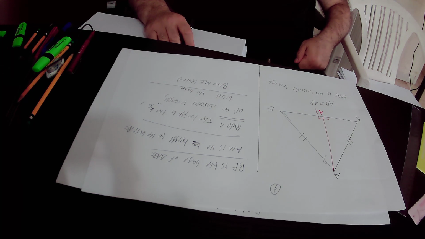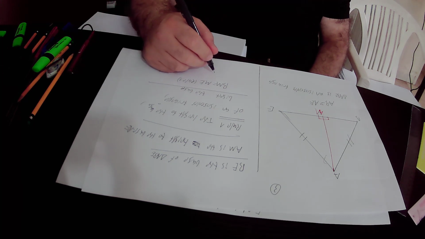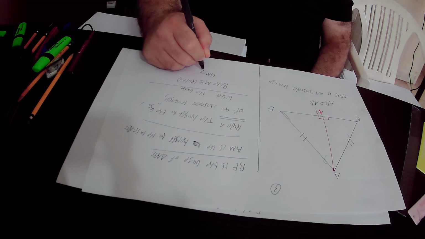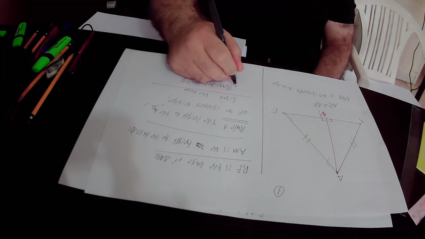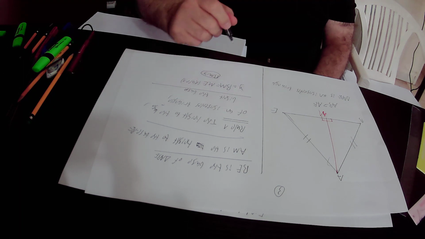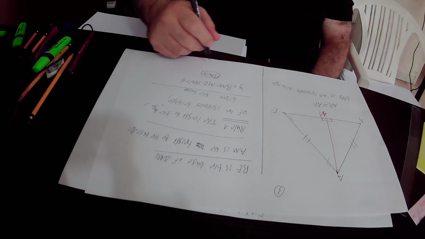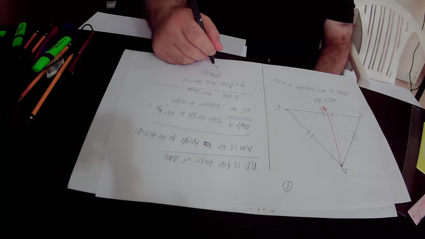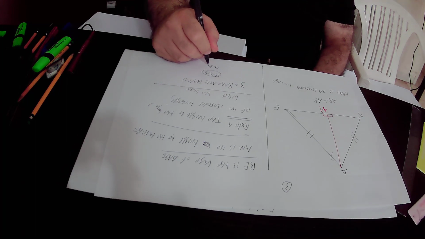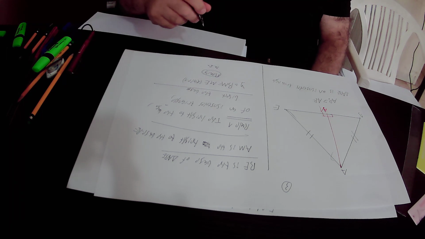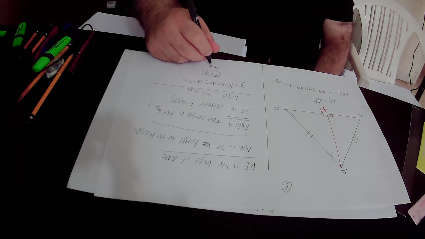So if we define BM as Y, then from this equation, Y equals BM equals ME, we get that ME is also equal to Y.